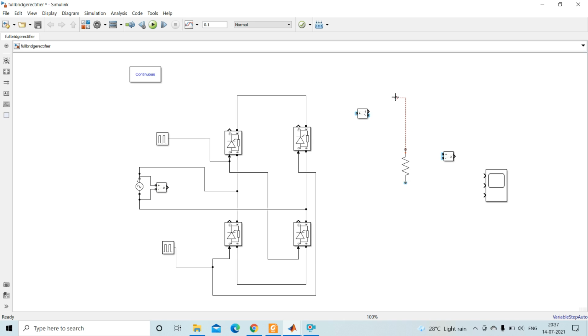So this is the resistive load. As usual, like in the case of the single phase half wave uncontrolled rectifier, you connect the load.